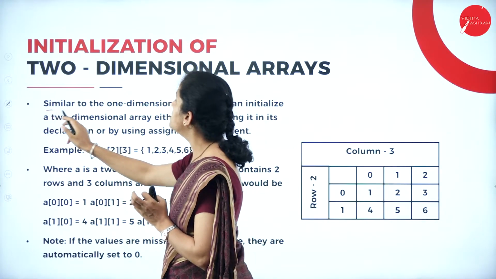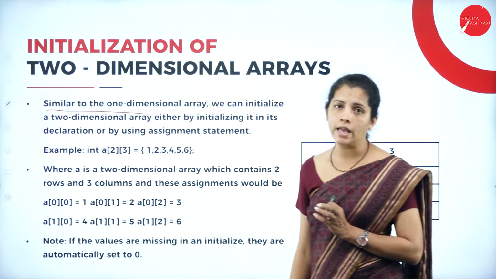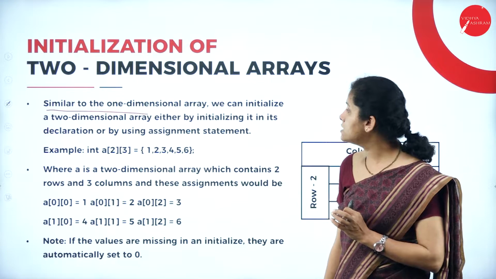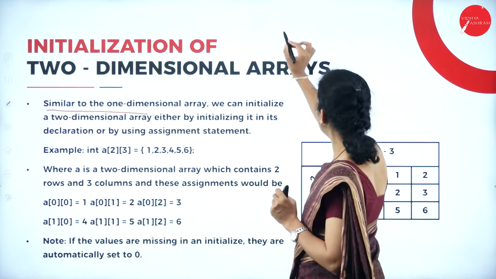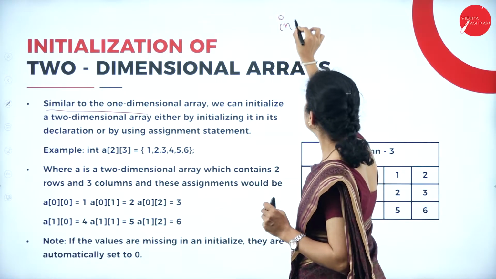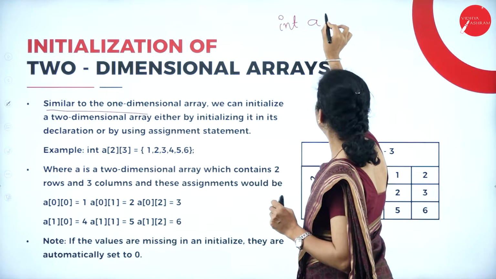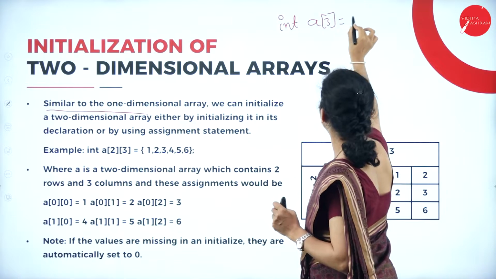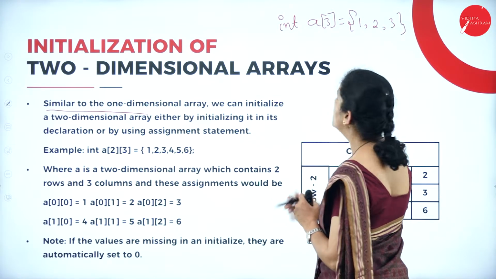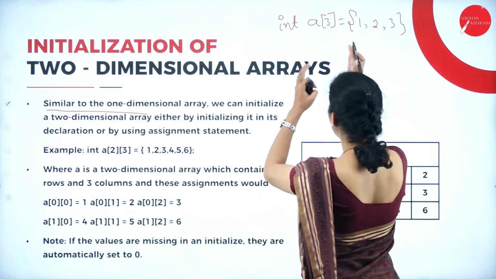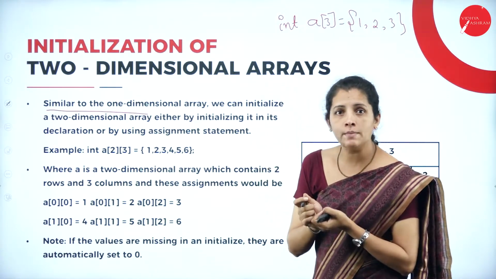Similar to a one-dimensional array, I can initialize a two-dimensional array. So, dear student, if I consider a one-dimensional array, this is the example I have. Say it is 3 and I write 1, 2, 3. Now I want to replace this with a two-dimensional array.